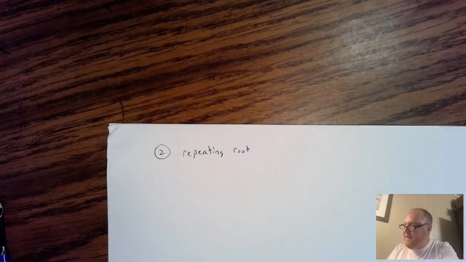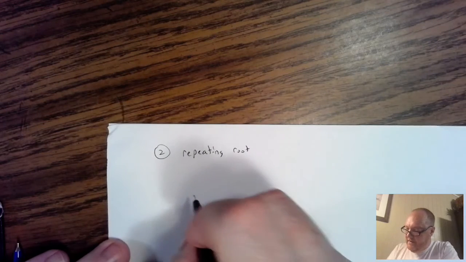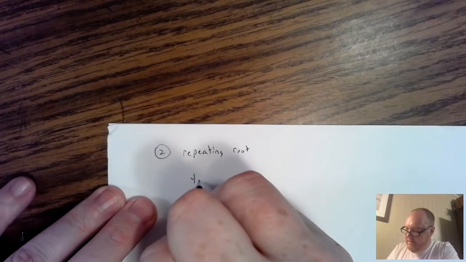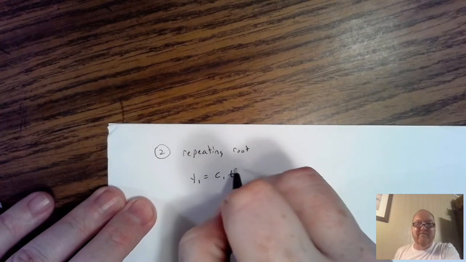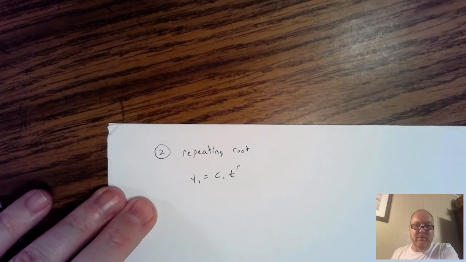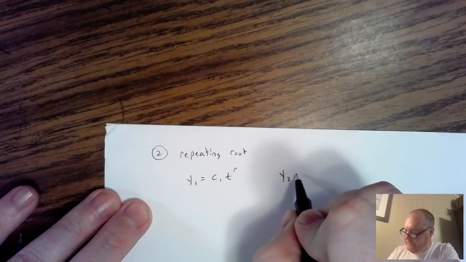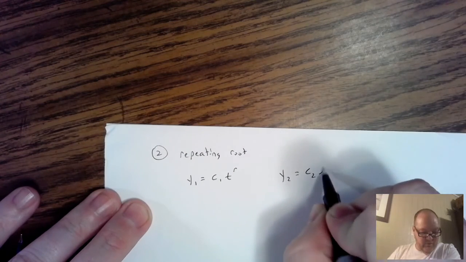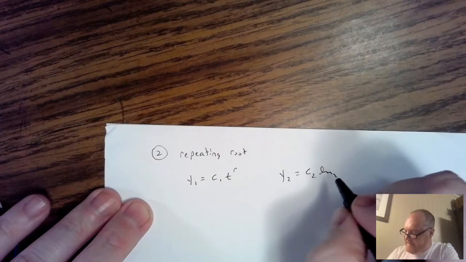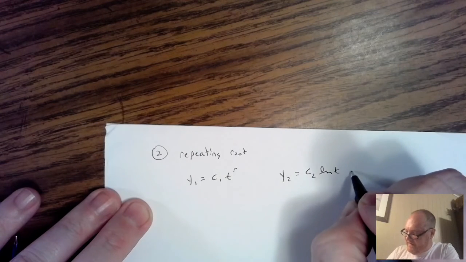For a repeating root, I'm going to have, just like I've been doing, t to some r power, just like we did in the previous example. Then I need to modify that second solution, and we're going to use the natural log of t times t to that r power.